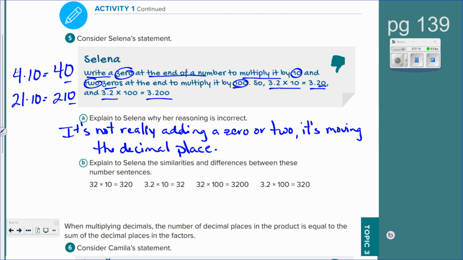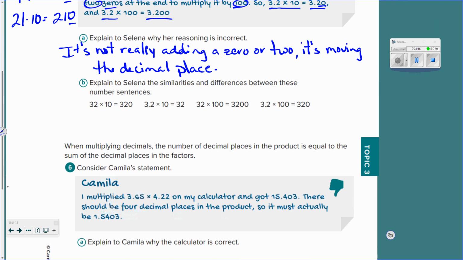Okay? So, as we do this, 3.2 times 10 is 32, yes? 3.2 times 100 is 320, yes? So how are those similar? What did we do the same?